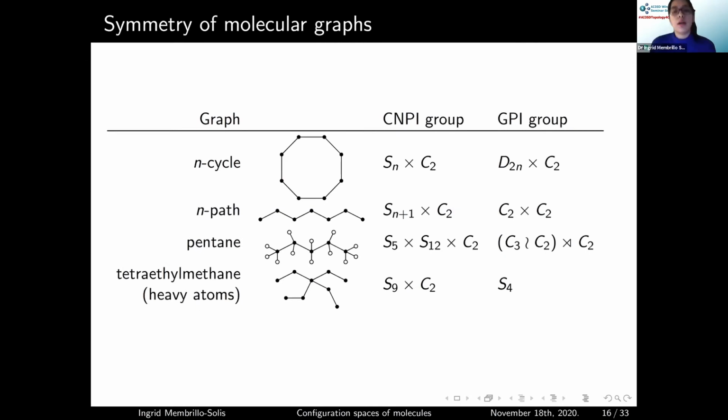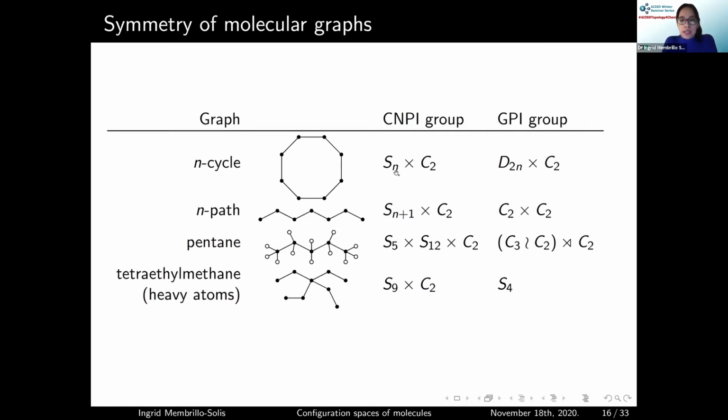Okay, so now I'm giving some examples of these molecular graphs and the associated GPI group, for short. And here I'm comparing against what is called the CMPI group. This CMPI group was defined for a model similar to the one defined by Guichardet.